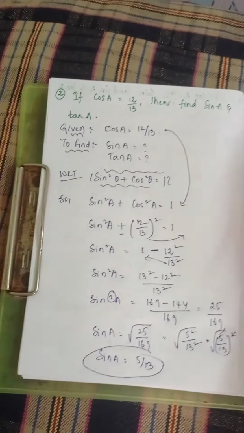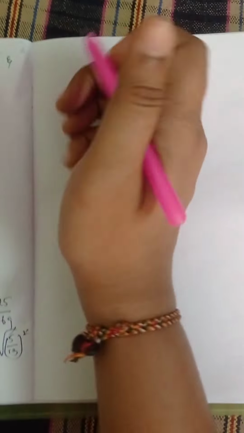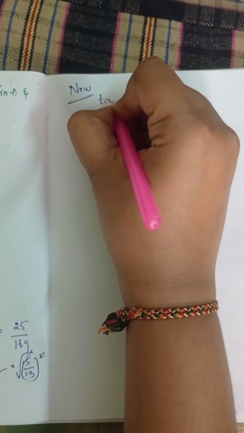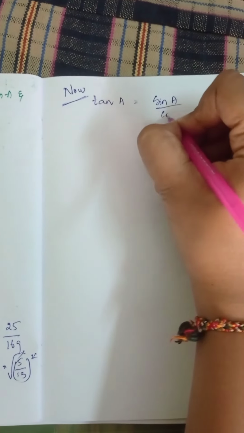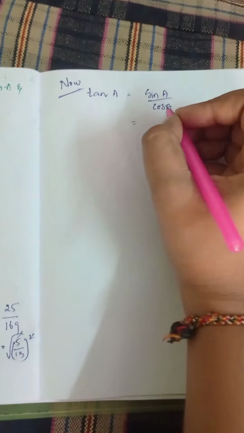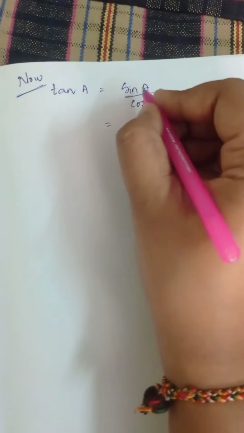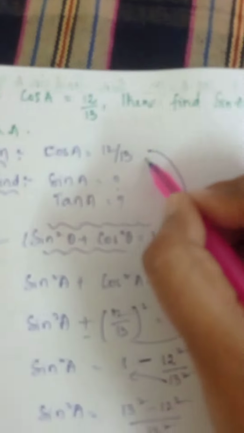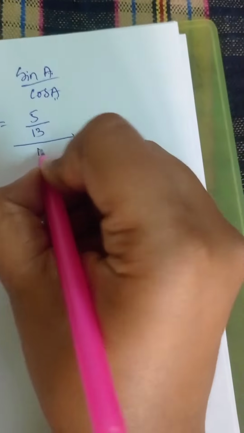And now we need to find tan A, right? So now tan A is equal to sin A by cos A, right? Sin A is what we got now, 5 by 13. Cos A is what they have given already in the question, 12 by 13.